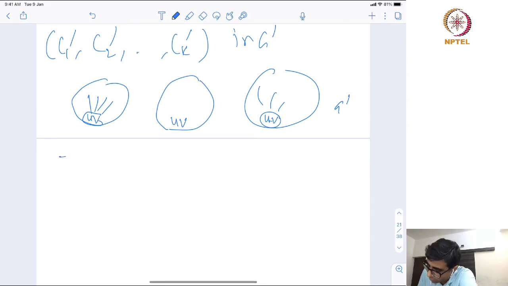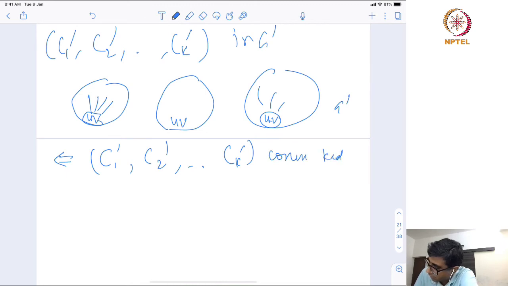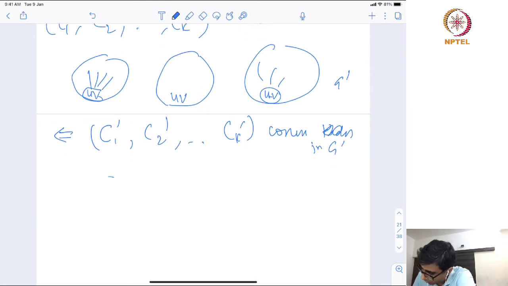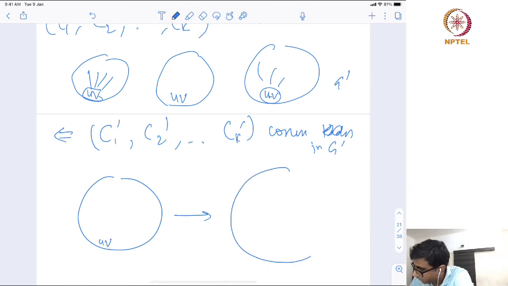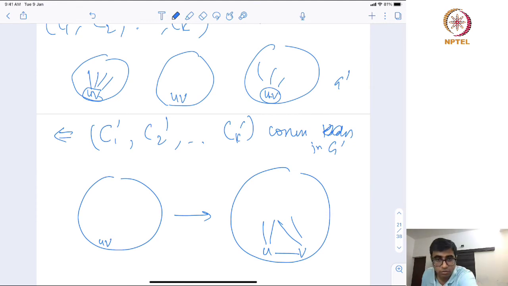And for the reverse direction, what will I do? Suppose C1 prime, C2 prime, Ck prime cover the edges in G prime. Now look at C1 prime. If there is a vertex UV, you uncontract it: you now make U and V, put an edge, and just leave it. Whatever U is adjacent to, the same V is adjacent to, so it doesn't matter. This is still a clique.